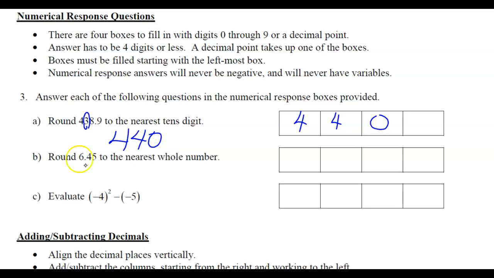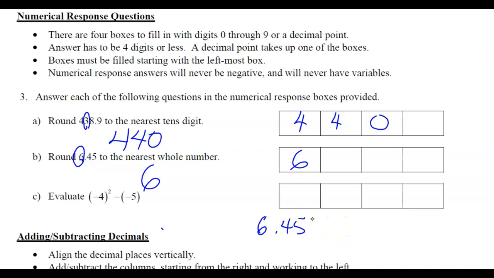Okay, nearest whole number, so the 6 here, well, take a look directly to the right, it's a 4. So this stays as a 6. You don't put in decimal 00. And a common mistake that I've seen students do with 6.45 is they'll start rounding all the way from the right-hand side.